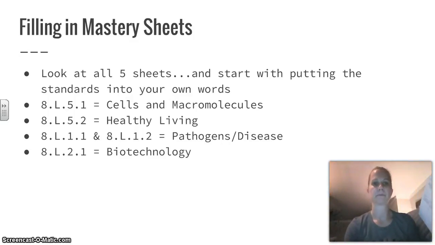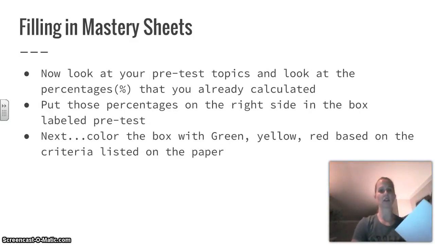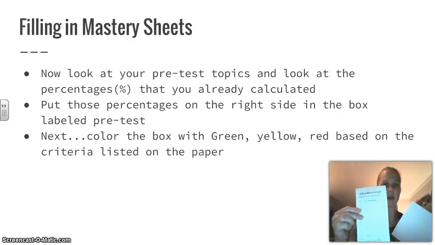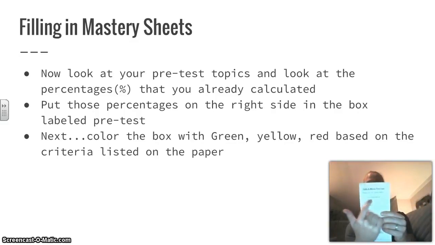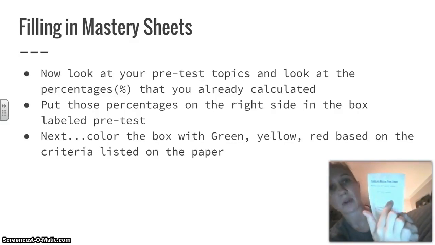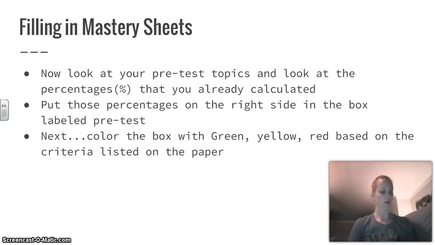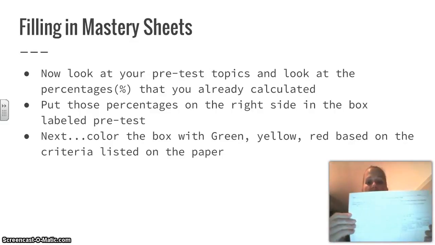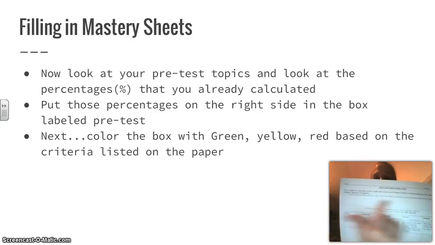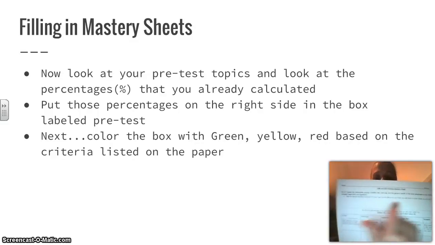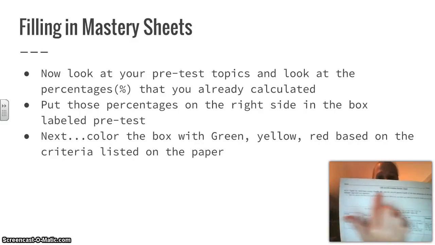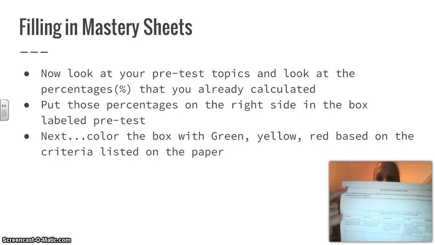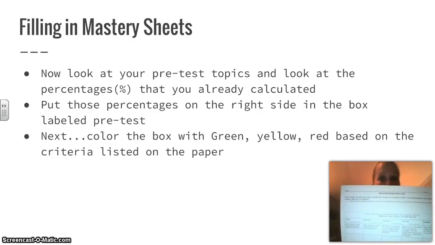Now we have to look at the pretest topics and the percentages. I'm most concerned about those percentages right there. You're going to come on here and rewrite the standard in your own words. You have what the standard says, and I've given you kind of a clue, like this is what the topic is.